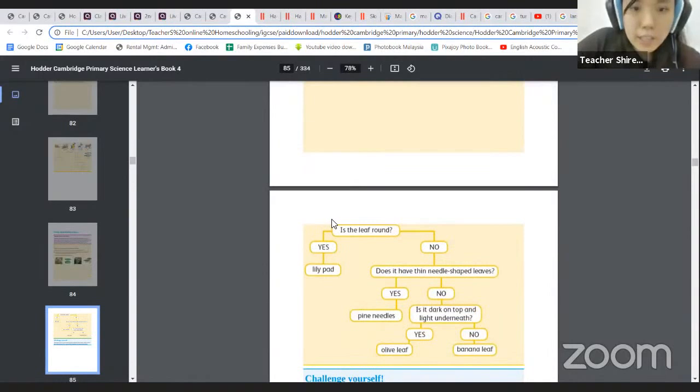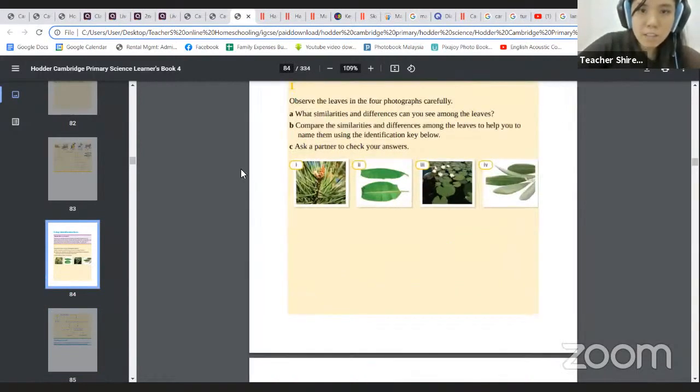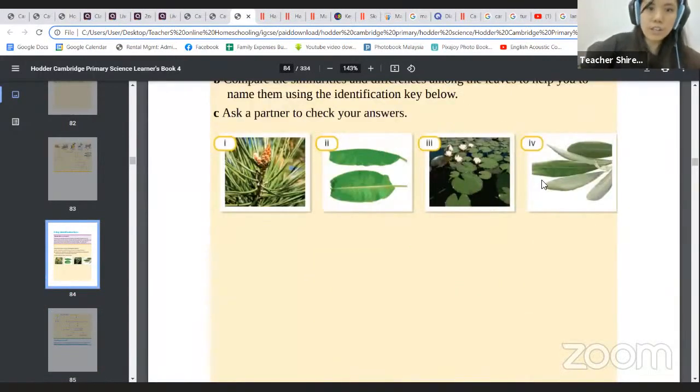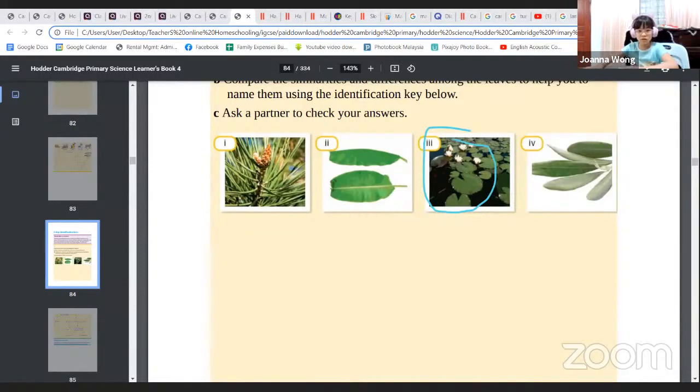Is the leaf round? Yes, lily pad. So which has a round leaf? Is it 1, 2, 3, 4? Which one is the lily pad? Can you circle it on the screen? Very good. Use another circle on the screen?